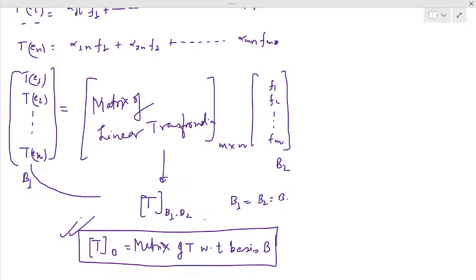Okay, and there is an insistence. There is always an insistence with regard to ordered basis. Why is that an insistence? See, if I change this order, then this matrix would change.